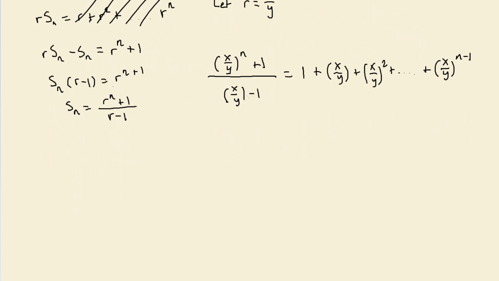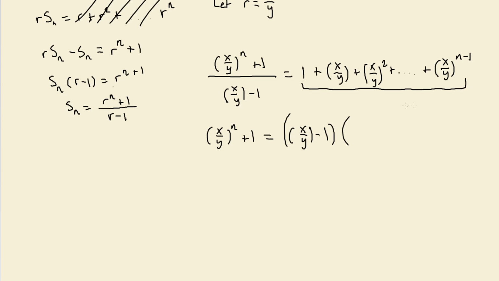And so now, if we want to, what we have to do here is we'd have to multiply by the denominator here. And so we get rid of that. And so we get x over y to the n plus 1. This is going to equal x over y minus 1 times this whole series here. I'm not going to rewrite all of this, but this is going to go in there.